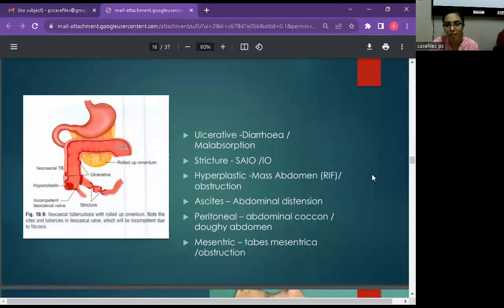In hyperplastic type, it can present as a mass abdomen, most commonly in the right iliac fossa, or as obstruction. There can be ascites and abdominal distension. In peritoneal, it includes abdominal cocoon or the doughy abdomen. And when the mesentery is involved, it can be tabes mesenterica or obstruction, which is enlarged lymph nodes of the mesentery.